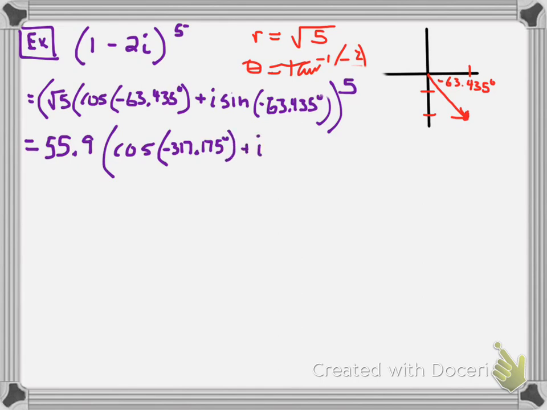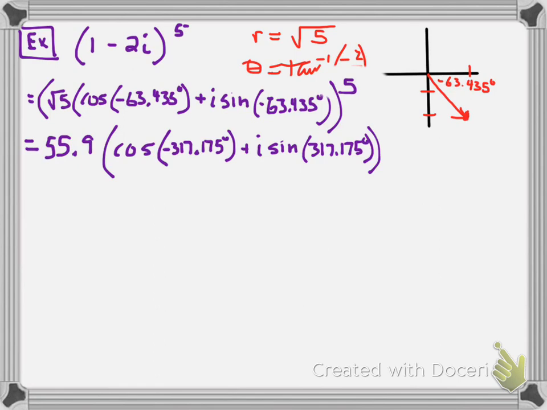Okay, we got another one of those, right? i times the sine of negative 317.175 degrees. All this is being raised to the... No, we just did the fifth power, so I'm good. Yes, it is.